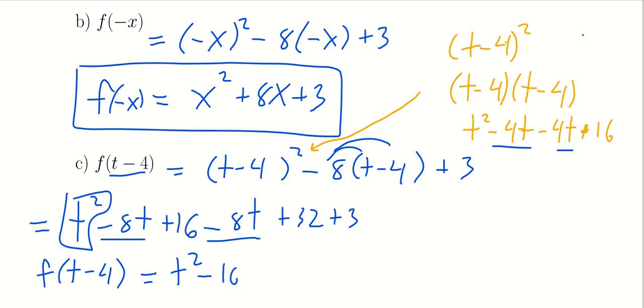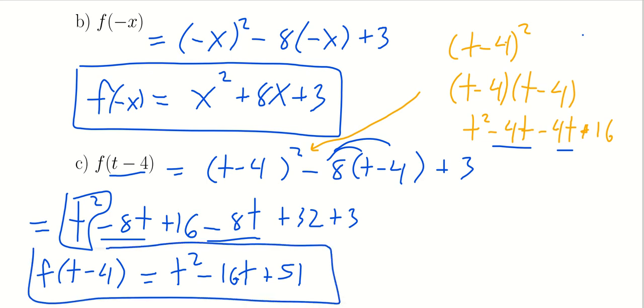We'll make negative 16t. And then 16 plus 32 is 48, plus another 3 would be 51. So f evaluated at t minus 4 produces t squared minus 16t plus 51.